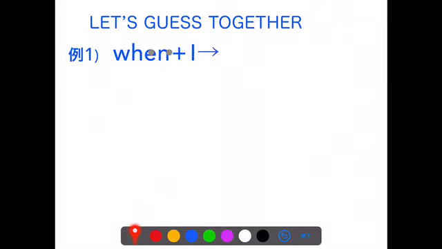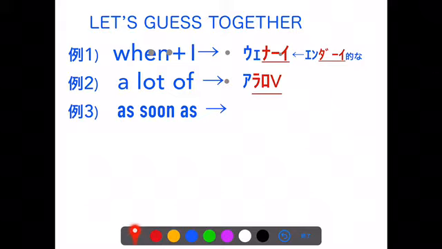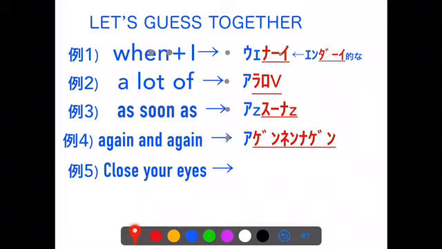Now let's get together about sound change. When plus I is when I. This is similar to the famous song and plus I. And yes. A lot of. This is a lot and T between O and O. A lot of. So this becomes as soon as. As soon as. This one, before and, there's and. So, then again, again and again.